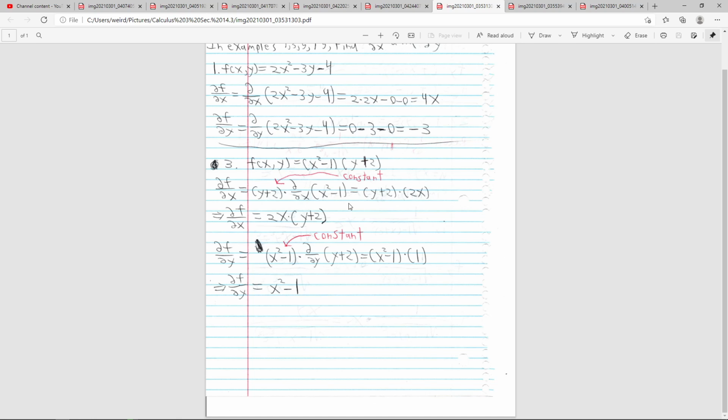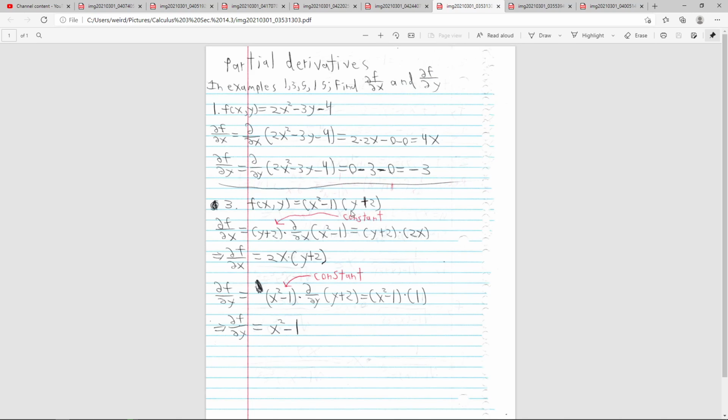The derivative of x squared minus 1 is just 2x. So it becomes 2x times y plus 2, just rearranged.